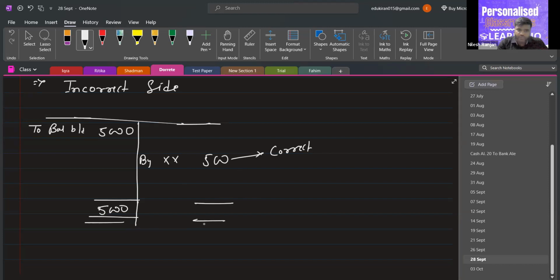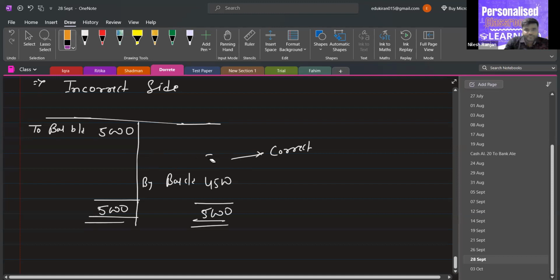But what we have done, the incorrect entry, is on the wrong side. So we have written this 500 on the debit side. Yes, sir.